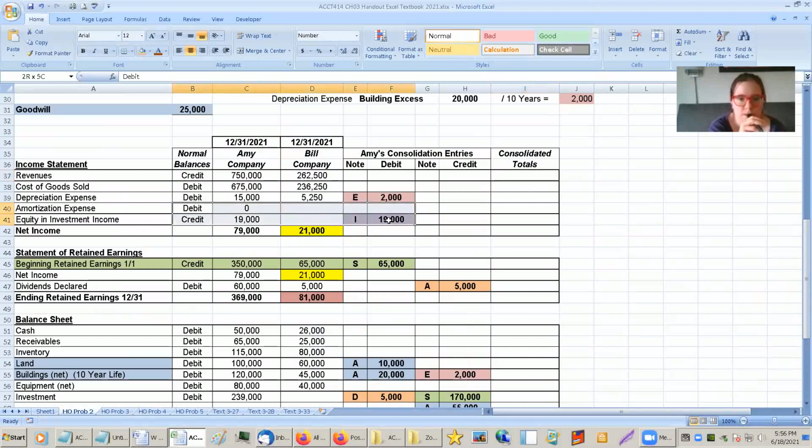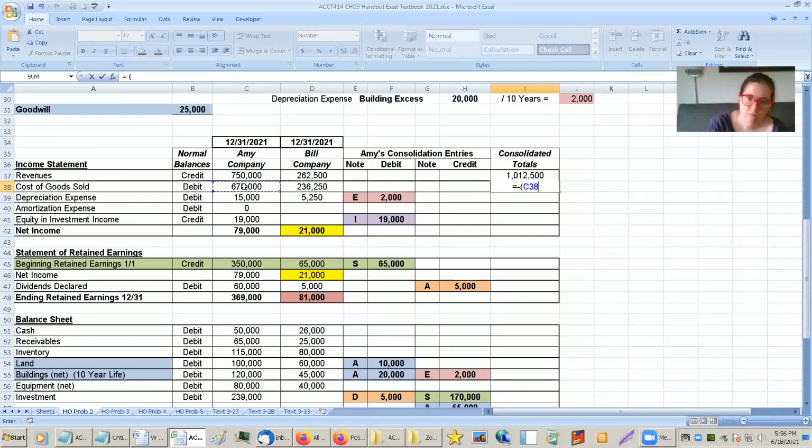Now, we didn't have any amortization expense, so this stuff's all going to drop out. This is going to be taking them and adding them together. And just for my own purposes, I usually will put all the negative stuff together as a minus. So for instance, the cost of goods sold, that's goods going out.